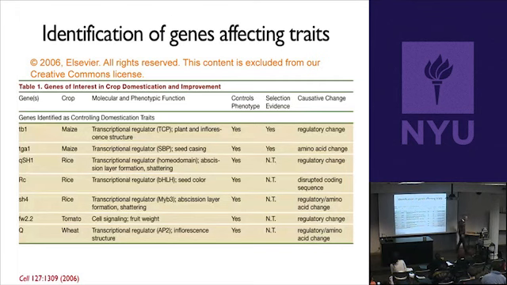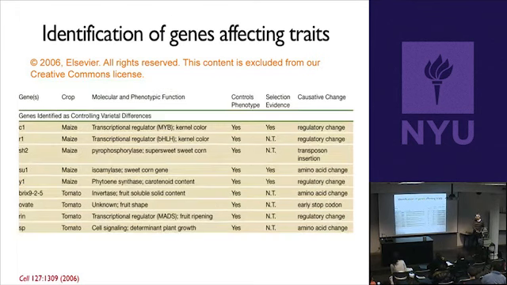The list goes on, and we're not going to go through every single example here, but the main theme, again, is that transcriptional regulators are all over this list. And then the other major category on this list is enzymes. Isoamylase has to do with starch production, and you can see here's a gene that encodes an enzyme involved in starch production, and the phenotype it affects is whether the corn is sweet or not.